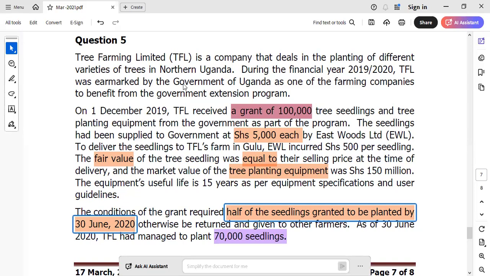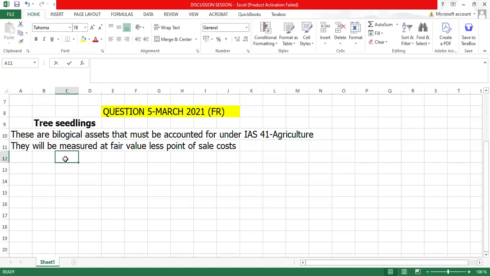So you're going to recognize the value of your biological asset, tree seedlings.